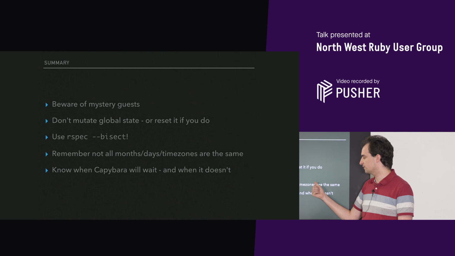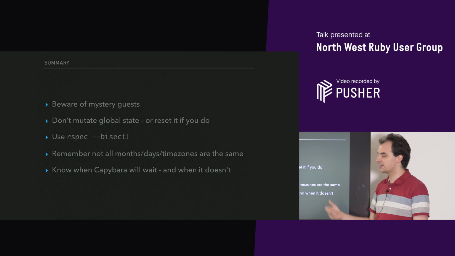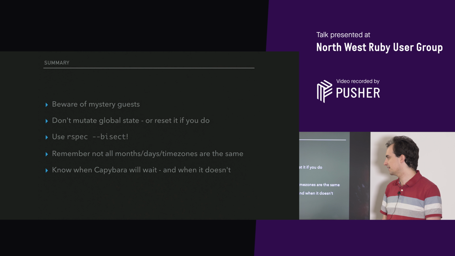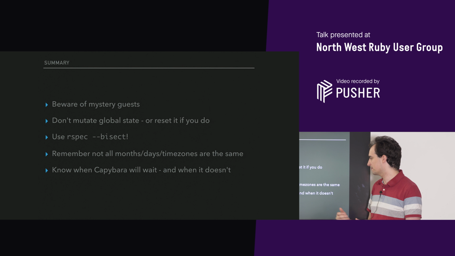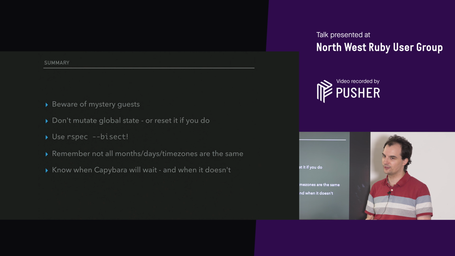Use RSpec bisect to find order-dependent tests. It's amazing. It's that sort of bright, shiny AI future we all promised. Remember that not all months, days, time zones are the same, unfortunately. British summertime is a thing. Unfortunately, tests do fail in British summertime.